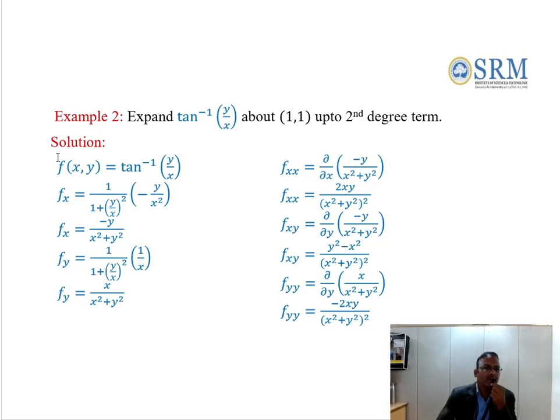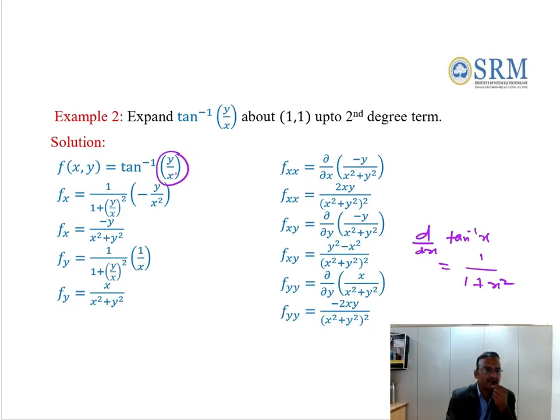Okay. Now, given that f of x comma y is equal to tan inverse of y by x, if you differentiate partially with respect to x, what is the derivative of d by dx of tan inverse of x? It is equal to 1 by 1 plus x square, right? Therefore, if you apply this formula, 1 by 1 plus y by x the whole square, and then by chain rule, we are getting minus y by x square, because we have to differentiate this inner argument.